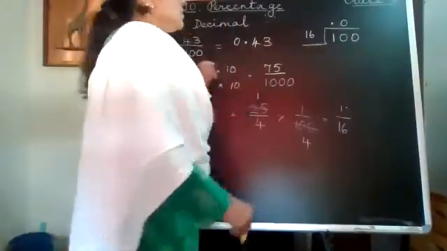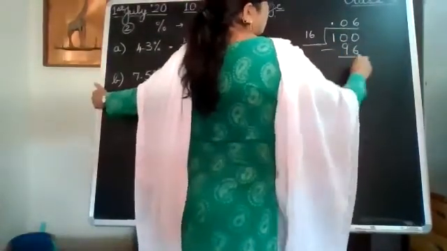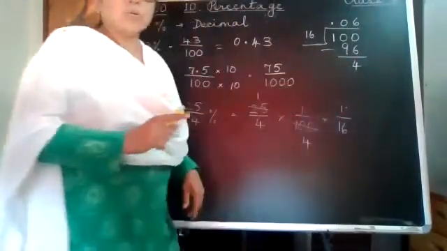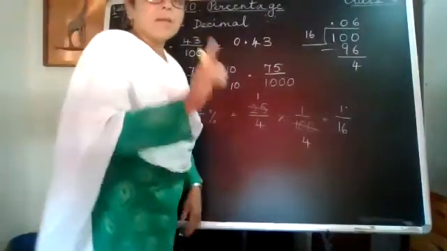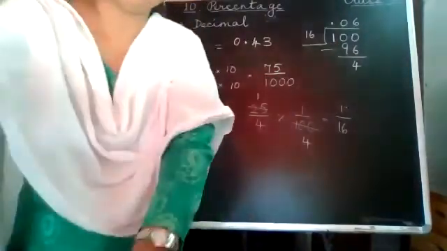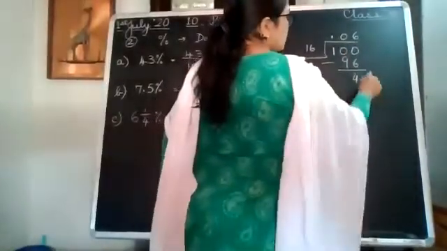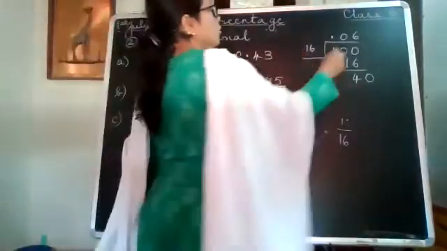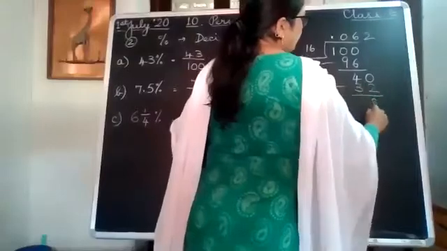Now 16 sixes are 96. 4 will be left. Okay. Now 1 zero, because you have put the point in every step, you can always put 1 zero. Okay, 1 zero can be put in every step. Again and again, there is no need of putting a point. Now 16 twos are 32. 8 will be left.